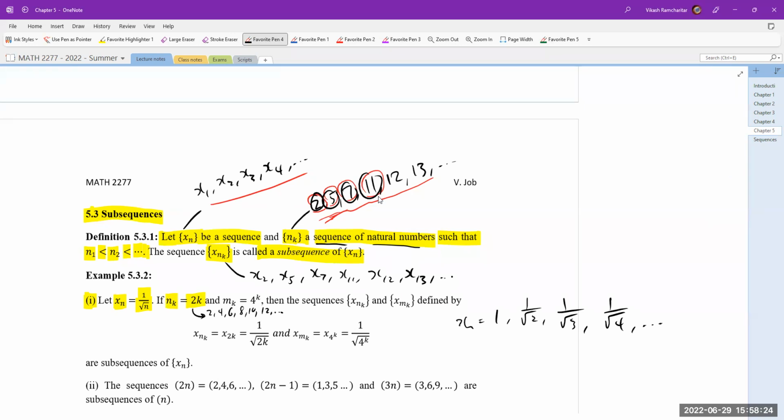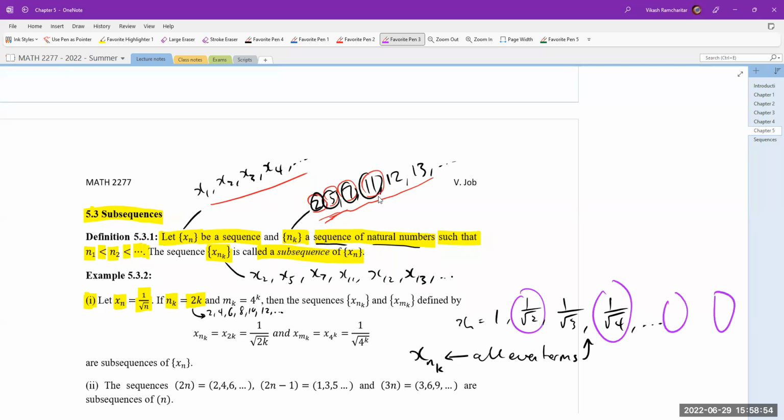So the sequence x_{n_k} is telling me to choose out all the even terms over here. So it's choosing out the second term, not even in terms of the value of the term, but even in terms of the position of it. So it's telling me choose out the second term, the fourth term, the sixth term, the eighth term, and so on.